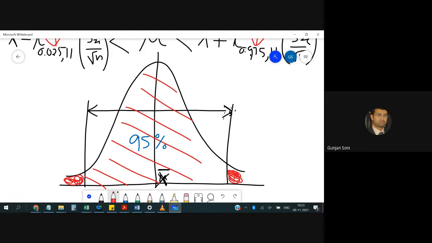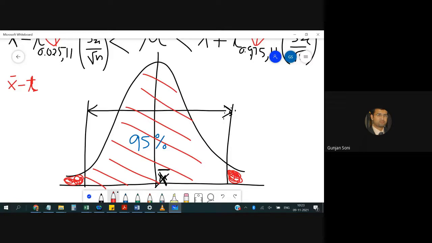So I have to find these values such that x bar minus the student t value at the left arm will be 0.025. The representation of the t value is always with respect to the area under the curve till that point.